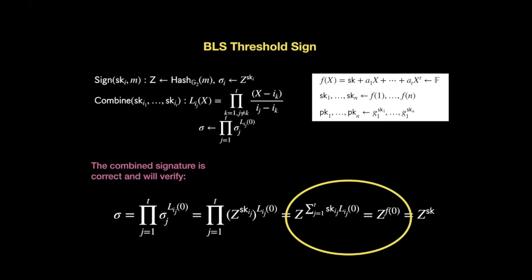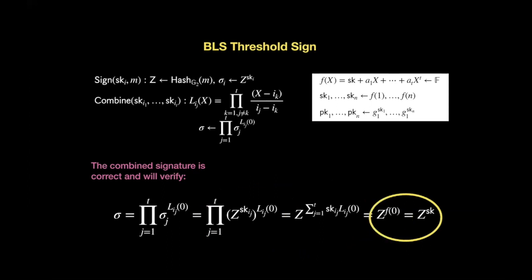This is where Shamir's secret sharing is actually happening. That's exactly the algorithm from Shamir's secret sharing. And then finally, we see that f of 0 is exactly equal to our secret, and therefore the signature looks exactly like the signature which would have been generated if there was just a single party that knew their secret key.